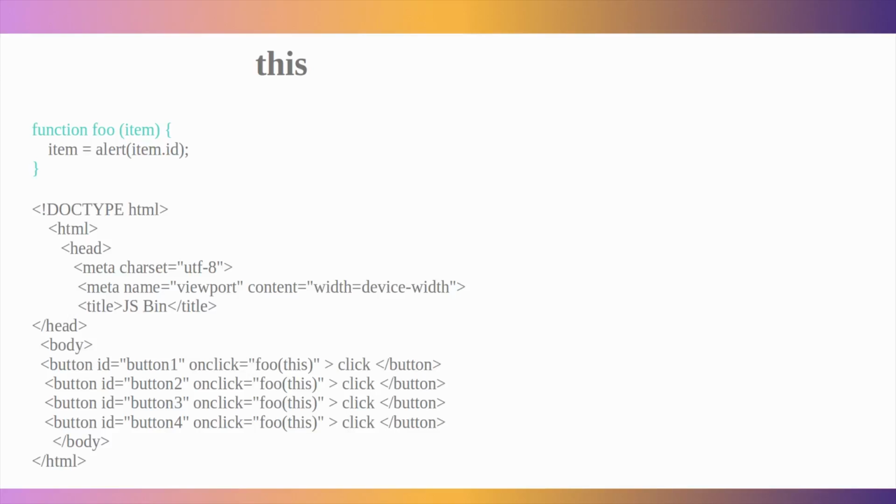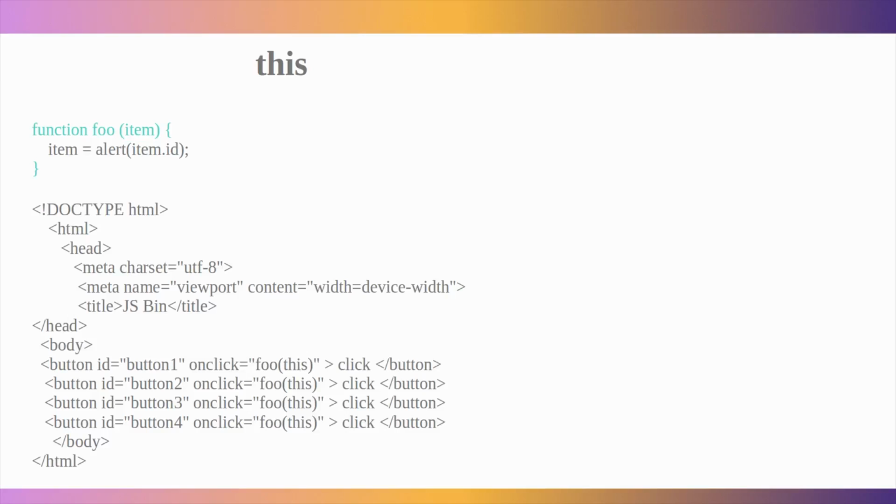So when we click on button 1, then the ID button 1 is alerted. Similarly, if we click on button 4, then the ID button 4 is alerted. And this is because the this keyword belongs to the onClick function, which is the attribute of the specific HTML button being clicked. And we will leave it at that.